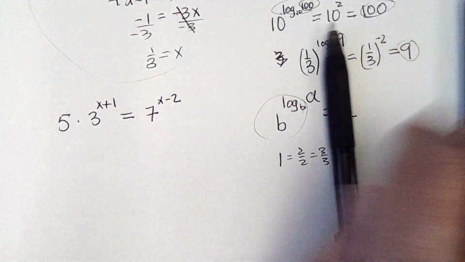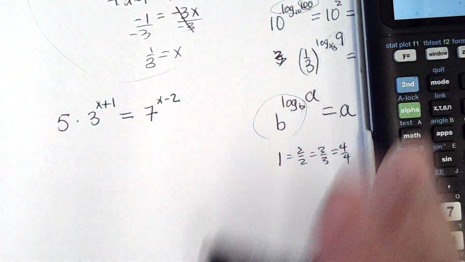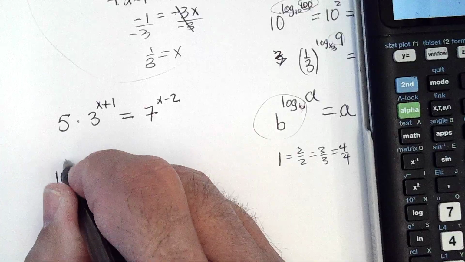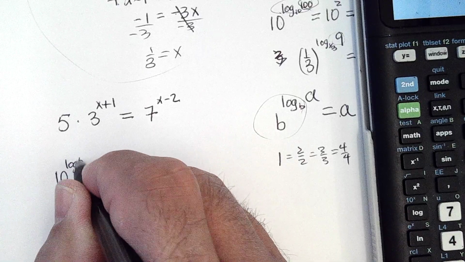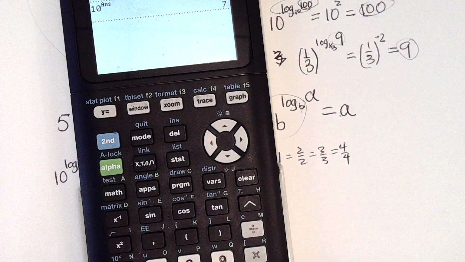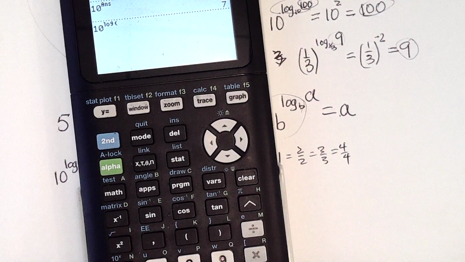So I'm going to use base 10. I could use base e, and I'll show you that in a sec here, but 5 is 10 to the log 5. Let me show you that for sure. 10 to the log of 5 is 5.